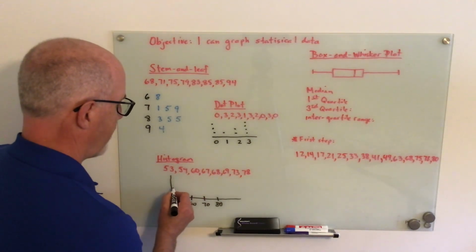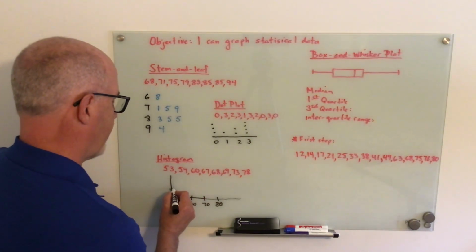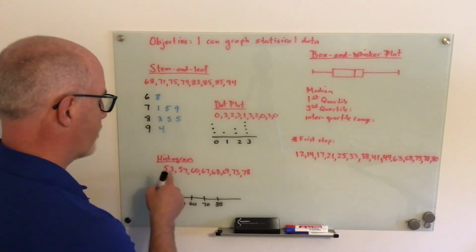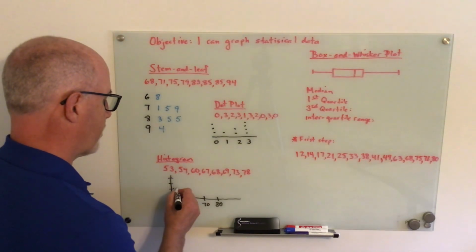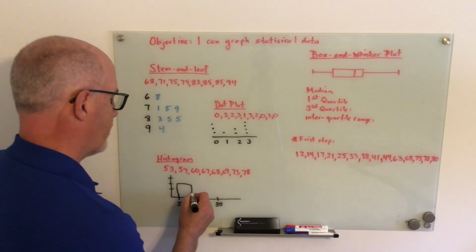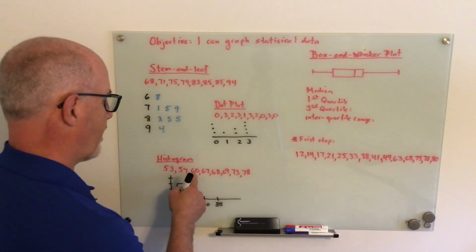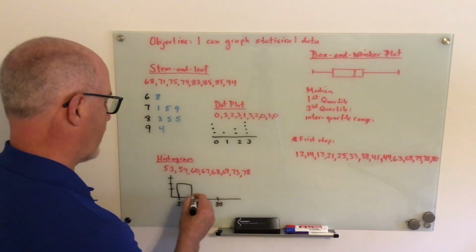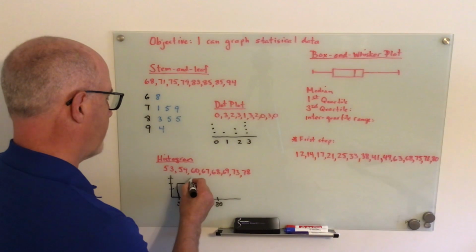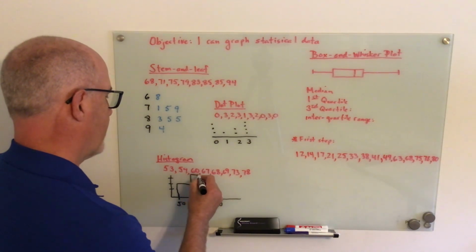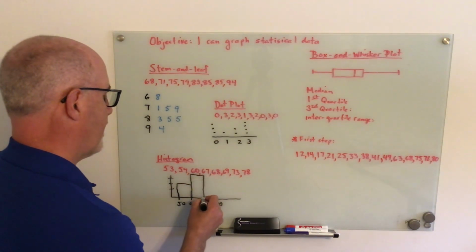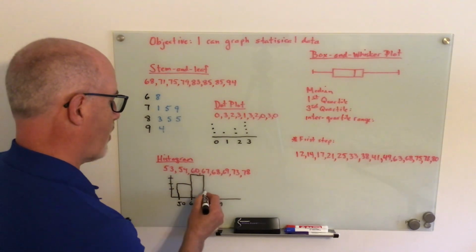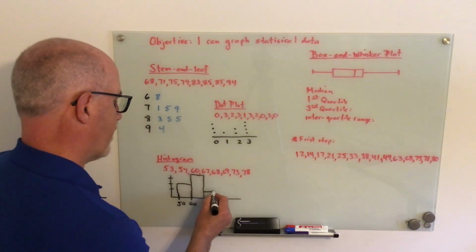All right, and I'll put off here, I'm going to give the numbers here. So I've got 2 in the 50s, so it goes up to 2, and straight across. 60s, I've got 1, 2, 3, 4, so I could go all the way up to 4, which would be up to here. And then between 70 and 80, I've got 1, so it comes down to here.